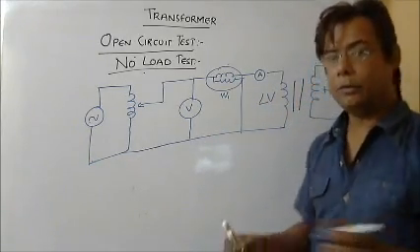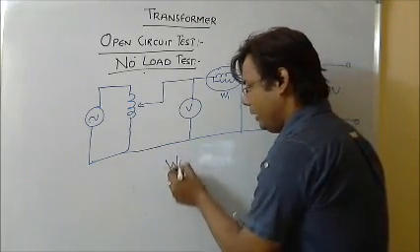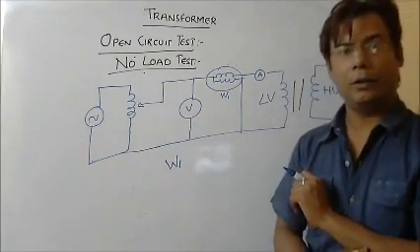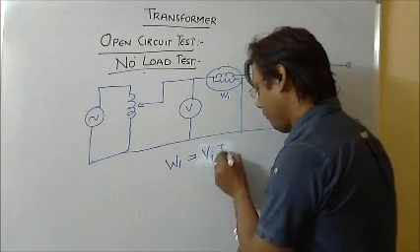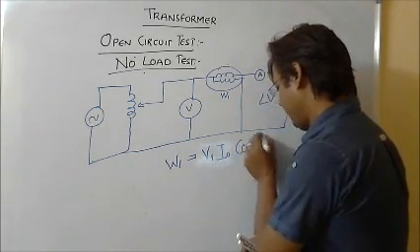W1 is reading the total losses, which is equal to V1 into I0 into cos phi0.